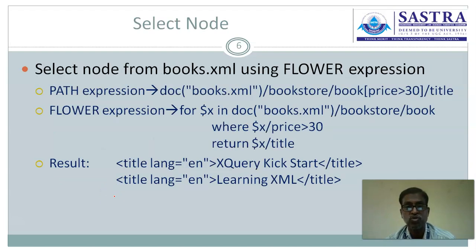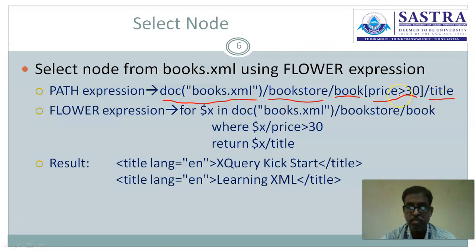Select nodes from books.xml using a FLWOR expression. See, as I said previously, a slight difference is present between XQuery and XPath. The selection of book nodes from books.xml: to achieve that query, the equivalent path expression is doc books.xml, bookstore, book of price greater than 30, slash title. This is the XPath query, as we discussed in the previous slide.